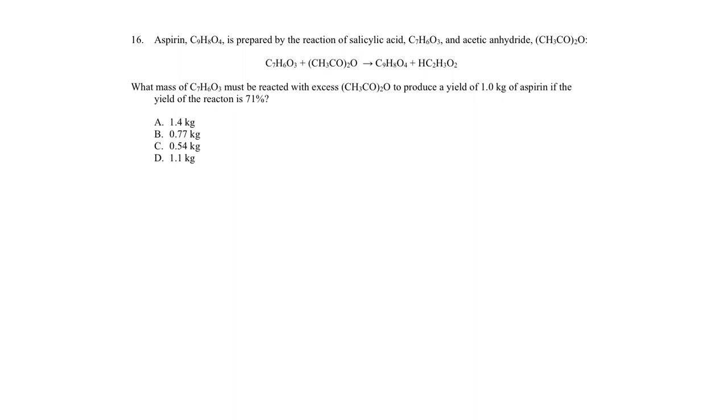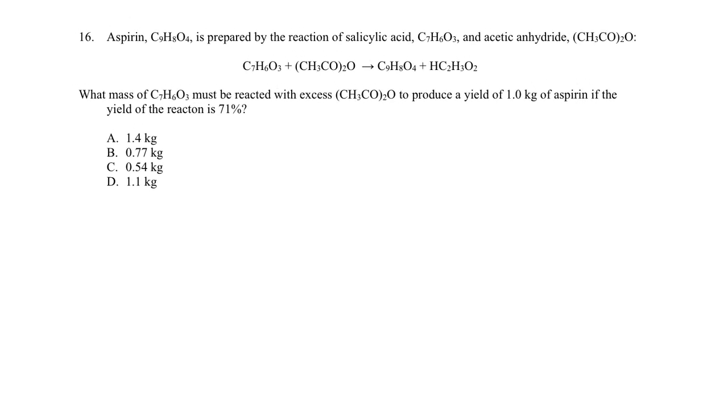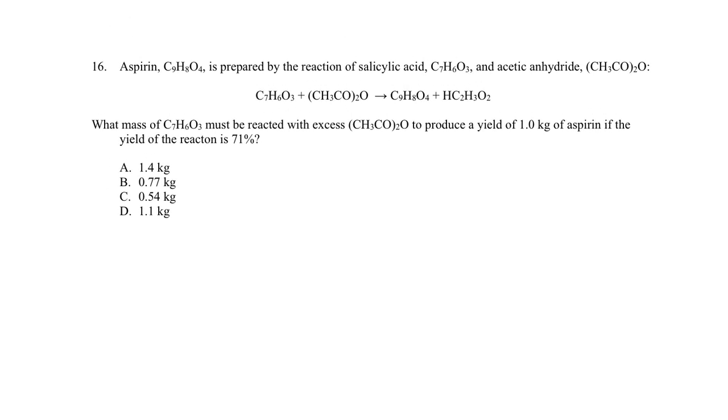Aspirin, reaction, yield. So aspirin's prepared by the reaction here. Everything's 1-to-1, the reaction's balanced. The mass of C7H6O3 then must be reacted with excess of this reactant here to produce a yield of 1 kilogram of aspirin, but if the yield is 71%. So we're trying to make a kilogram of this, but we know we're only getting 71% yield.